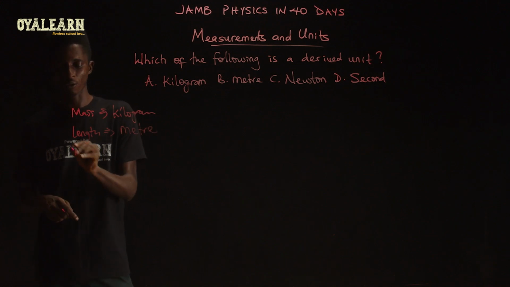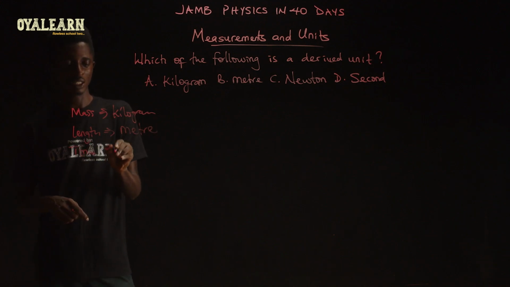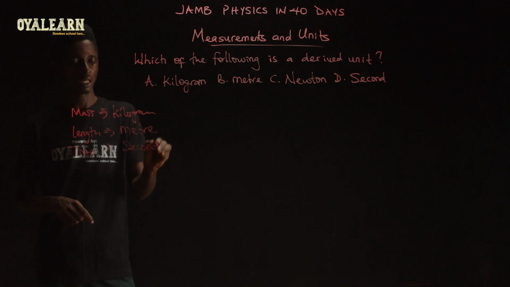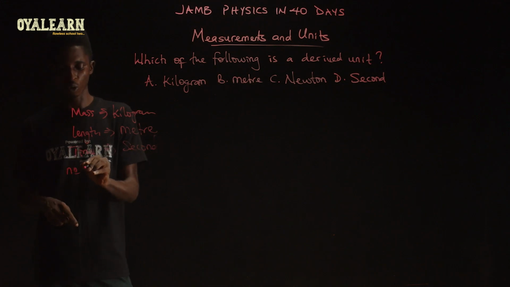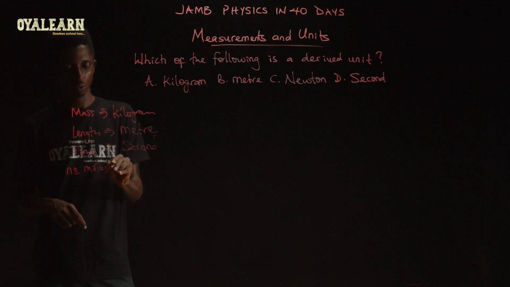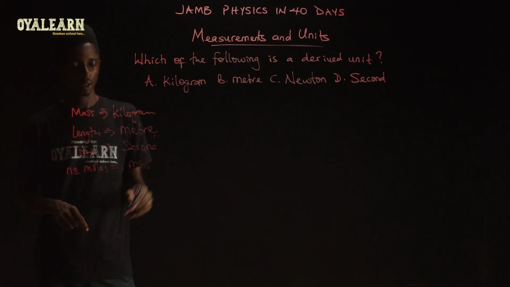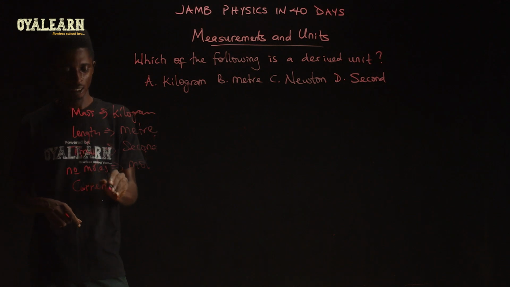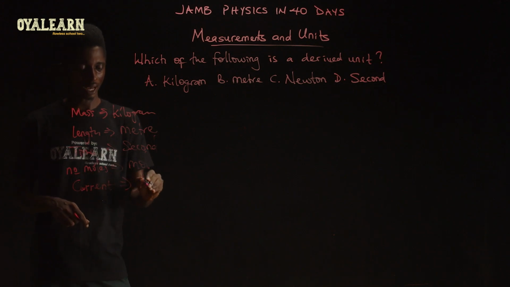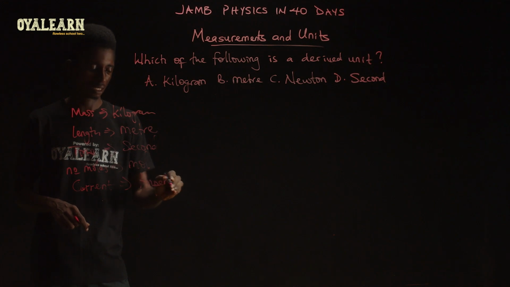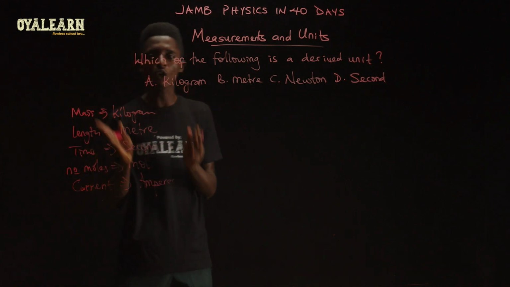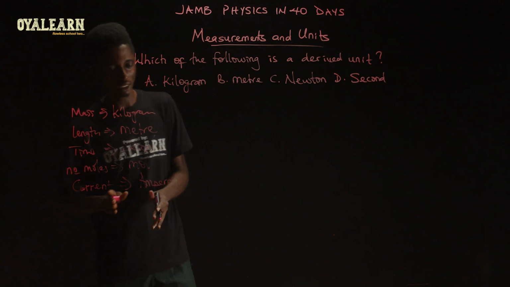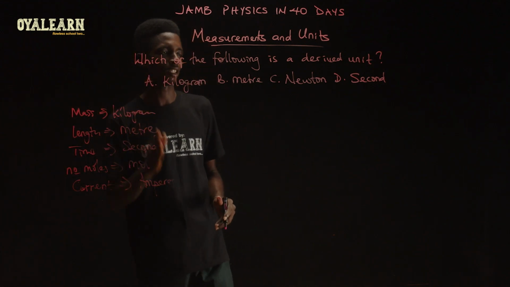We have the unit of time, which is in second. We have the unit of number of moles, which is mole. And then we have current, which is in amperes. Now, these are the common fundamental units that we have. Their quantity and then their units.